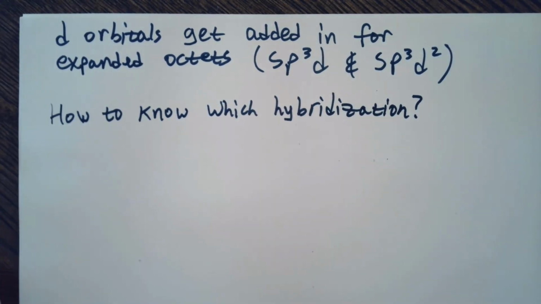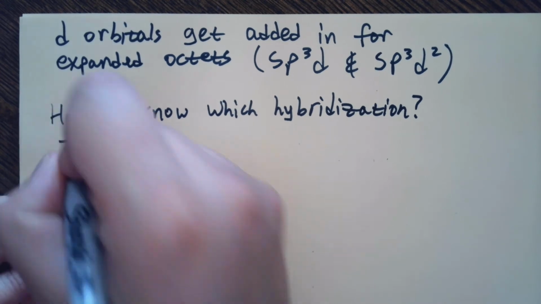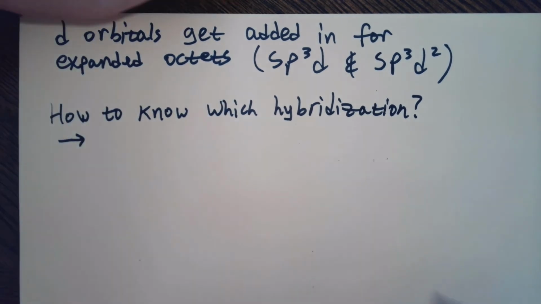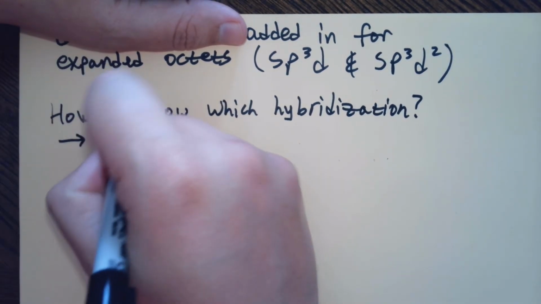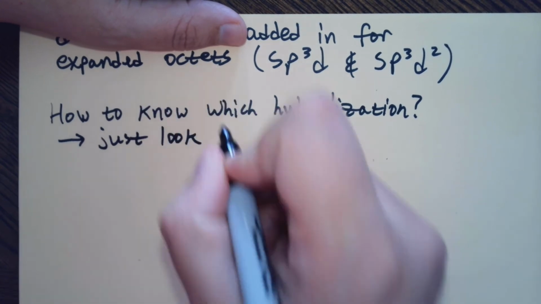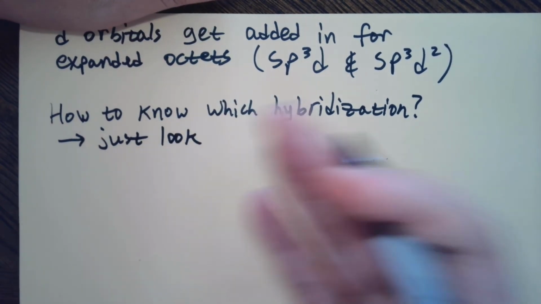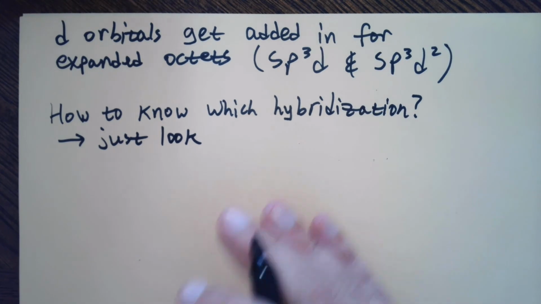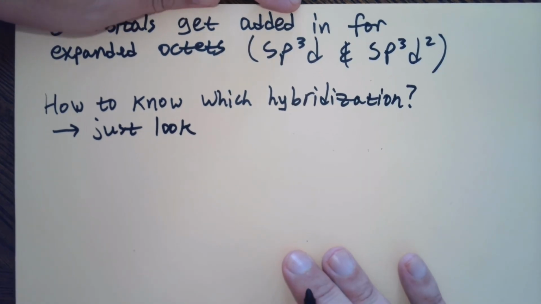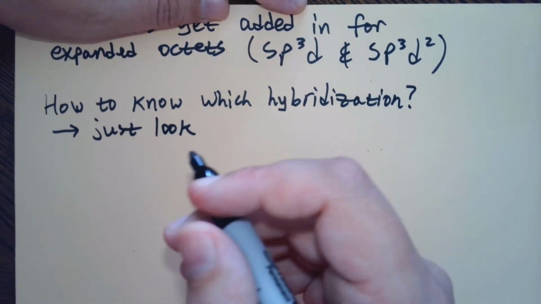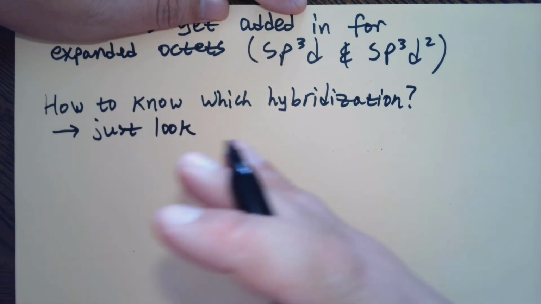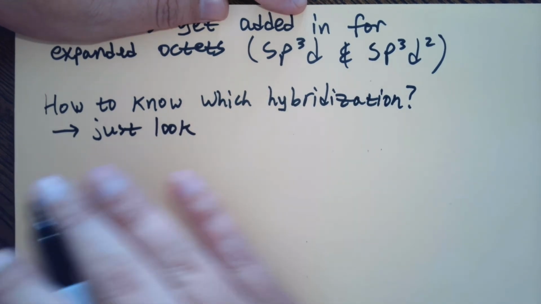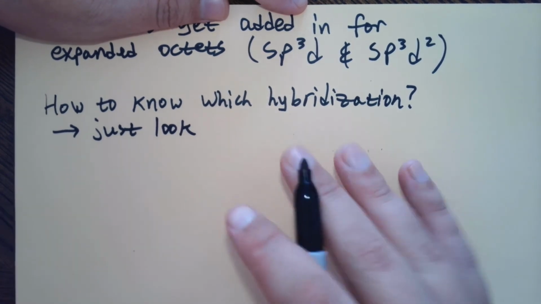How do we know? There's actually a really easy way. I went through all this long explanation of showing you where the electrons were and explaining the organization, and really, once you understand that, you can grasp this shortcut, and this is much simpler.